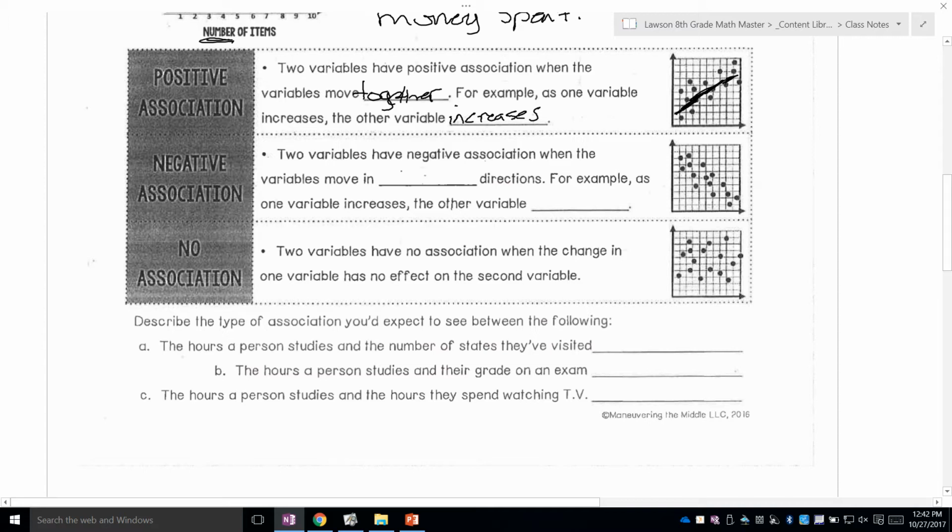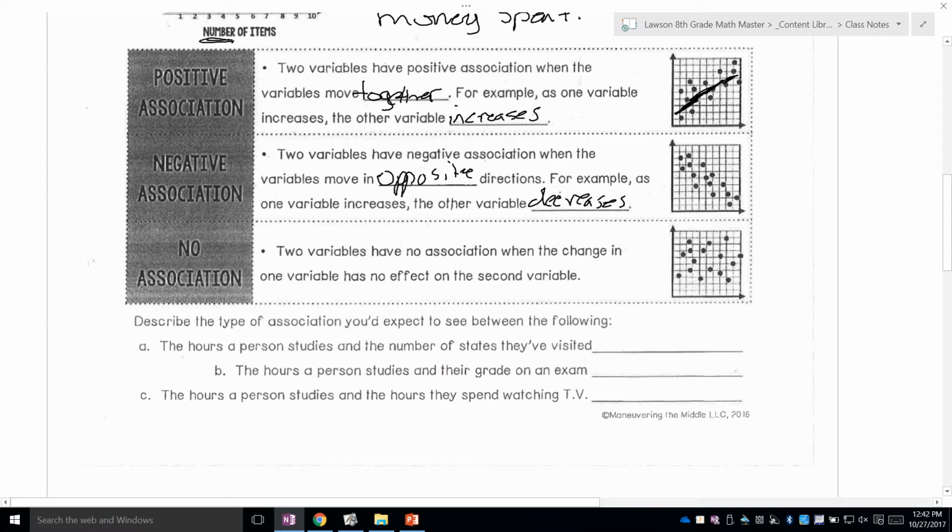When we're talking about a negative association, it says two variables have negative association when the variables move in opposite directions. So we're going to write opposite. For example, as one variable increases, the other variable decreases.